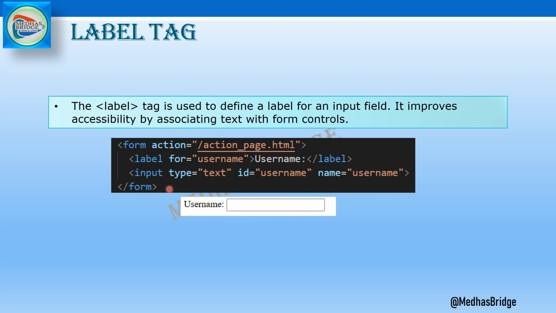This is called input. You see, this is a label, this is an input. Input type text, ID username, name equal to username. So for this you are creating a text field. That is the association: the label and input are associated like this. Clear? When you run this code, this is what it displays on the console.